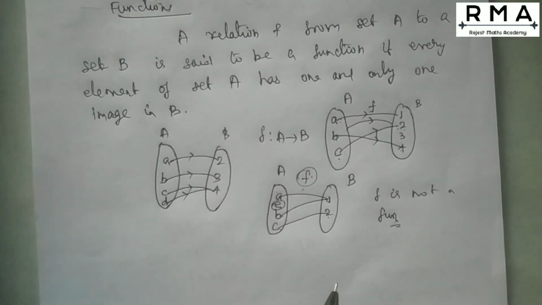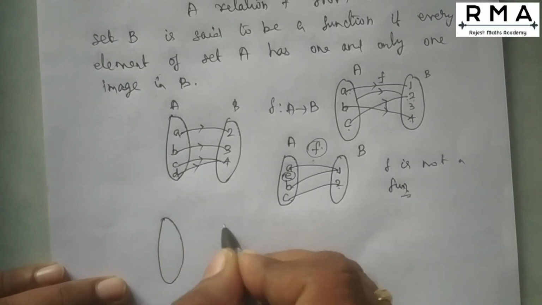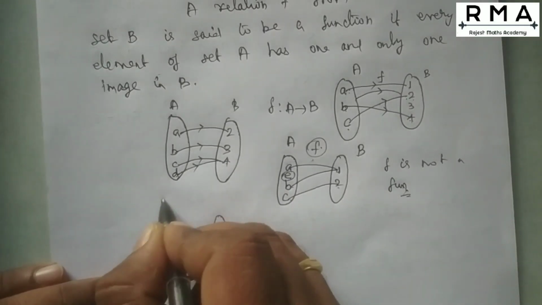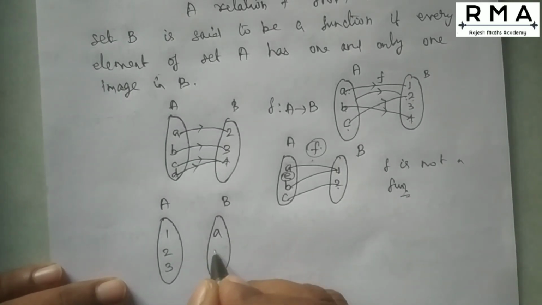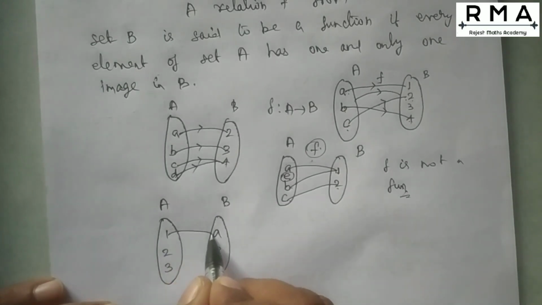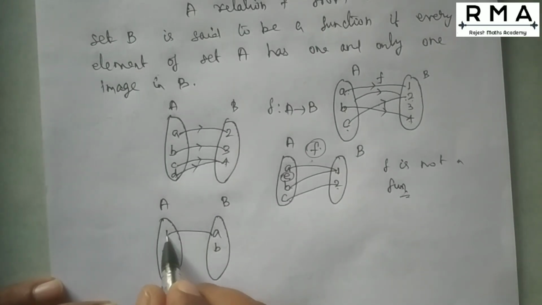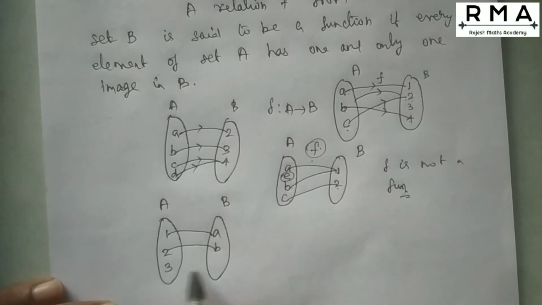One more example of not a function. Set A, and the same set B I can take. Elements 1, 2, 3 and images a, b. 1 is mapped with a, 2 is mapped with b, and 3 is mapped with c.